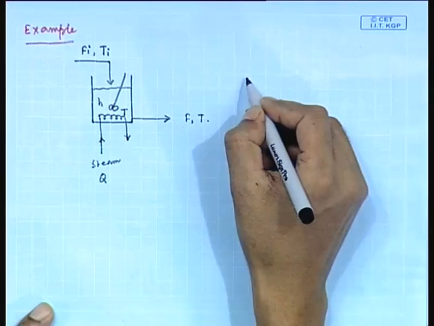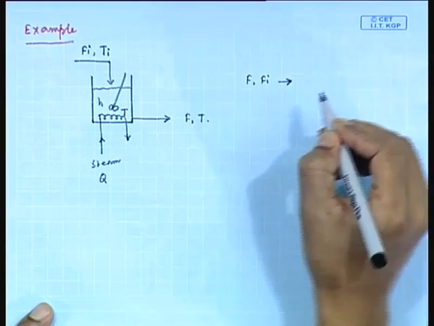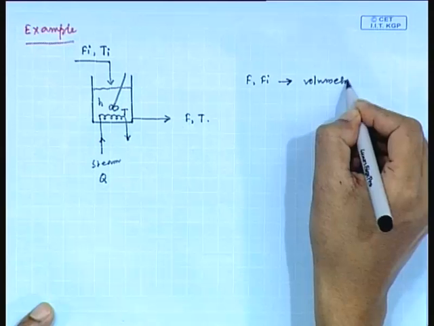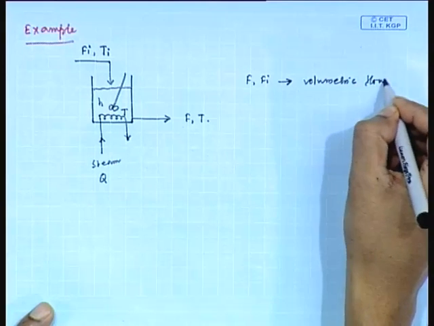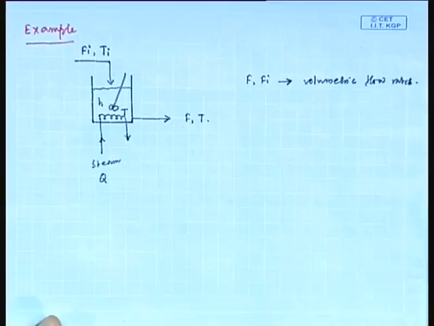Fine. Here F, Fi both are volumetric flow rates. H is the height of liquid in the tank.